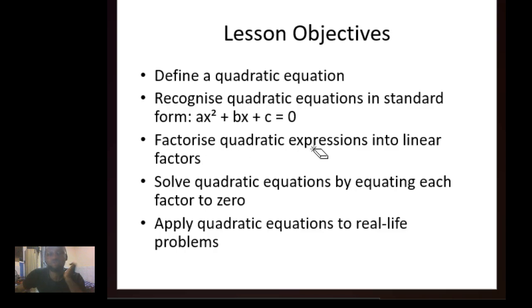Then we are also going to factorize a quadratic equation into linear factors, which will then be equated to zero and solved to get their roots, or the value of x. Then we apply this to real life problems, and that will be the end.